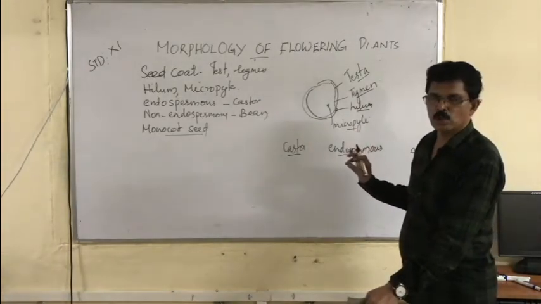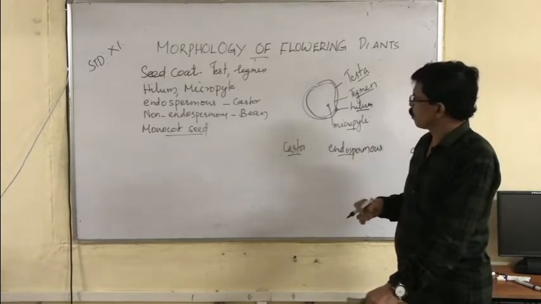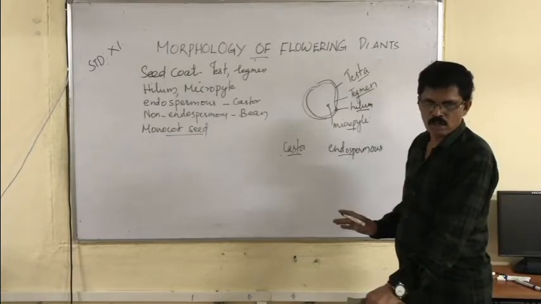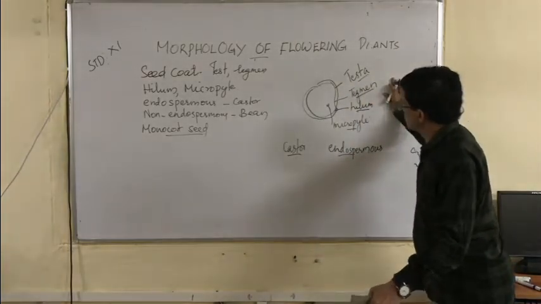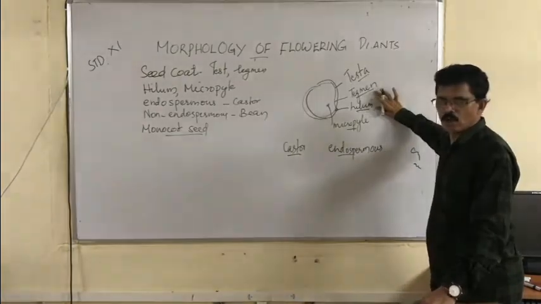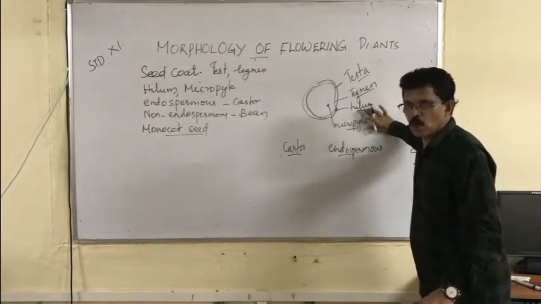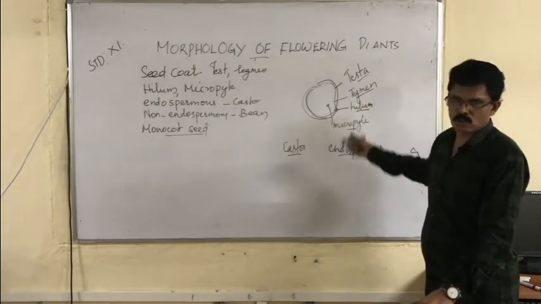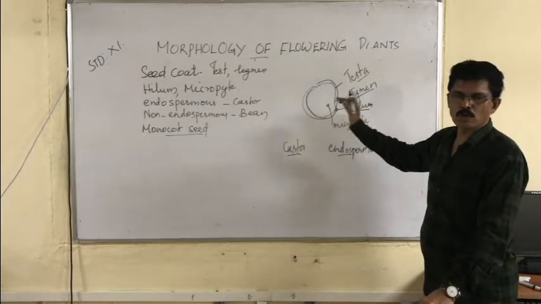So, what are the main points about the seed? The seed is the mature ovule formed after fertilization. Second, the seed has a seed coat: the outer coat is called testa and the inner coat is called tegmen. Hilum is the point of attachment of the seed with the fruit. Micropyle is the opening seen just above the hilum.